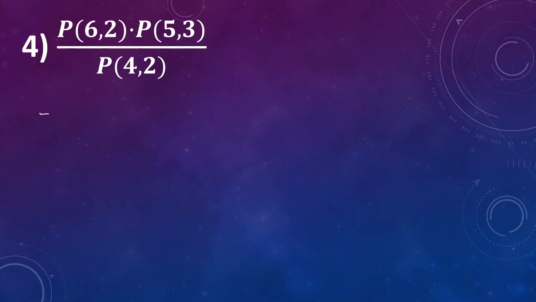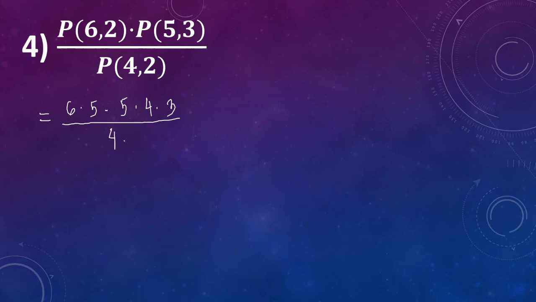So that is 6 times 5. Then ito namang permutation of 5 taken 3 at a time can be considered as 3 consecutive factors starting with 5. So 5 times 4 times 3 over yung permutation of 4 taken 2 at a time can be considered as 2 consecutive factors starting with 4.